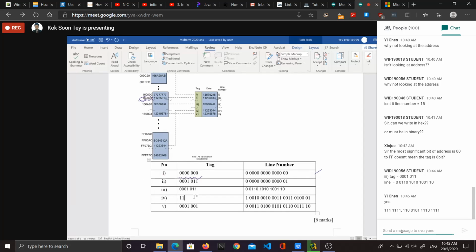Number 4 is FF, so it's 1111 111, followed by 0. Right, number 4 should be this one. Number 5 is 1 and 6. Okay.